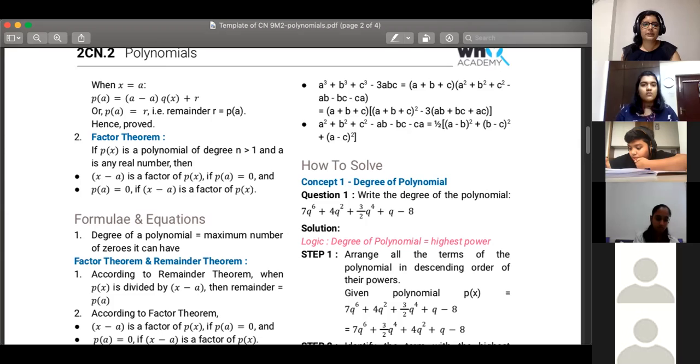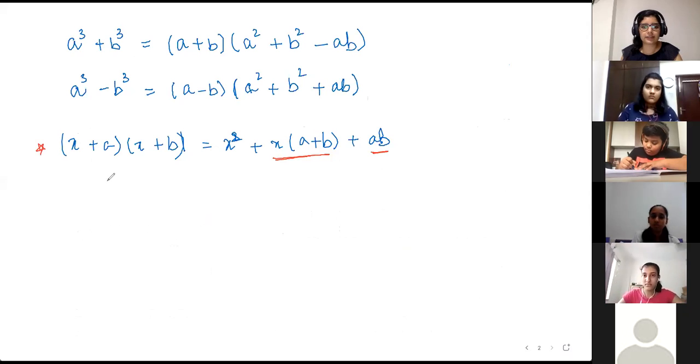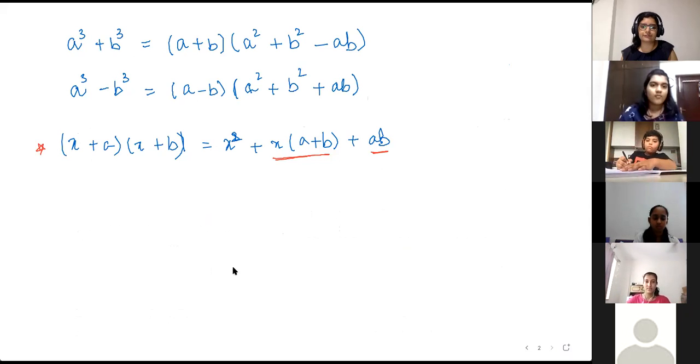Okay. So, variation of the 10th one. You'll get more questions on this variation of the identity than on the actual identity itself.